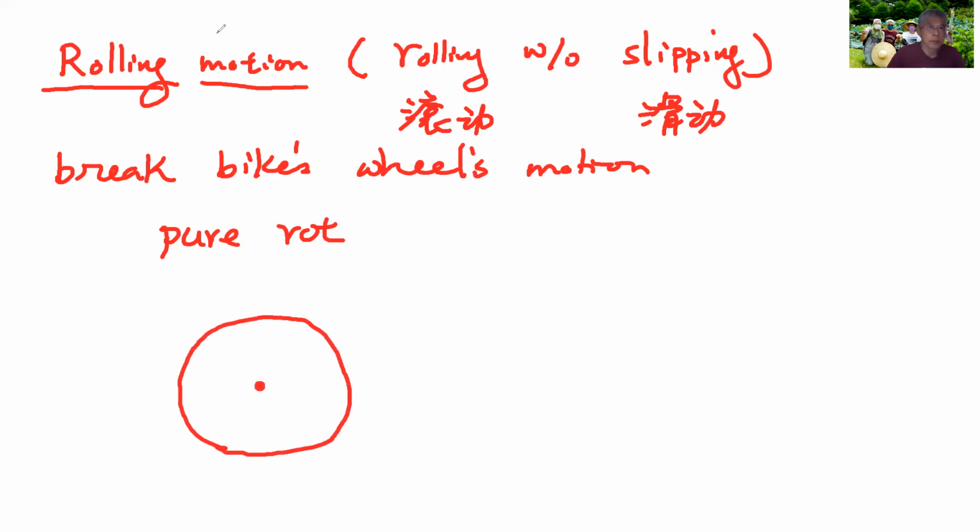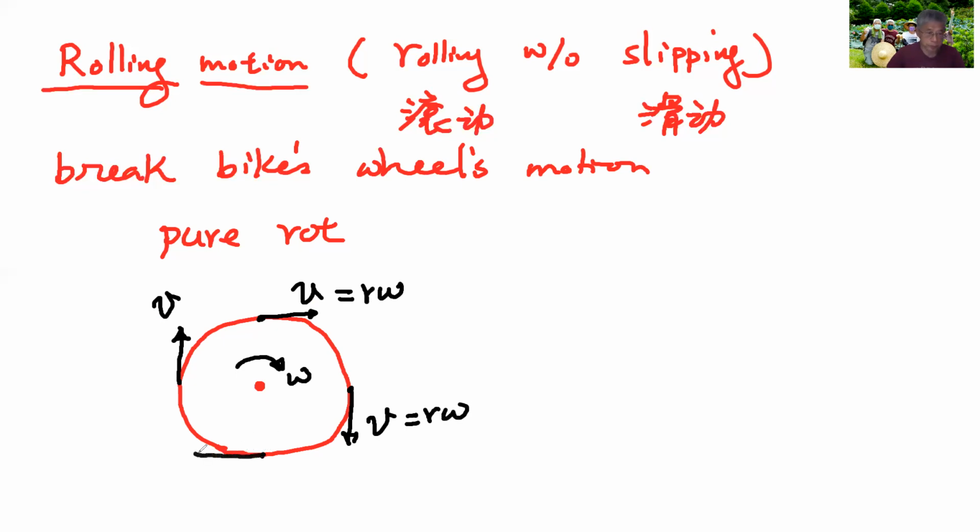So then I'm going to change the color here. Then you will have your velocity the same at every point. And at this point, you are rotating with the angular velocity. So this V is equal to R omega everywhere.